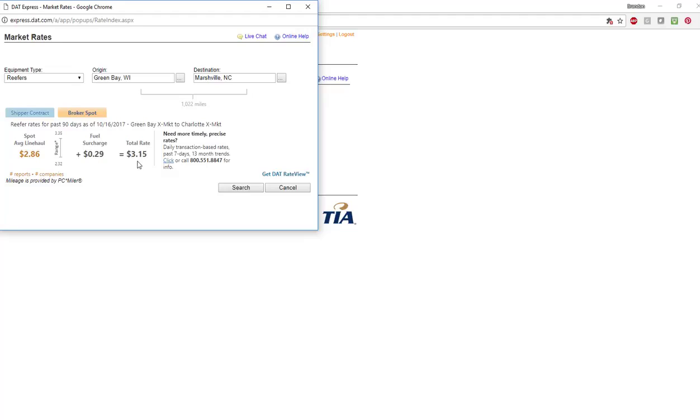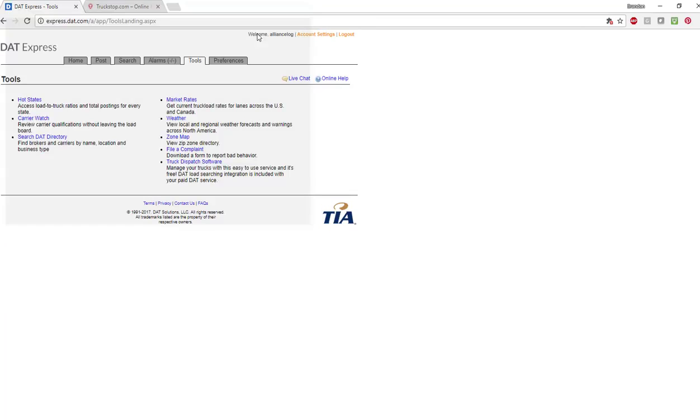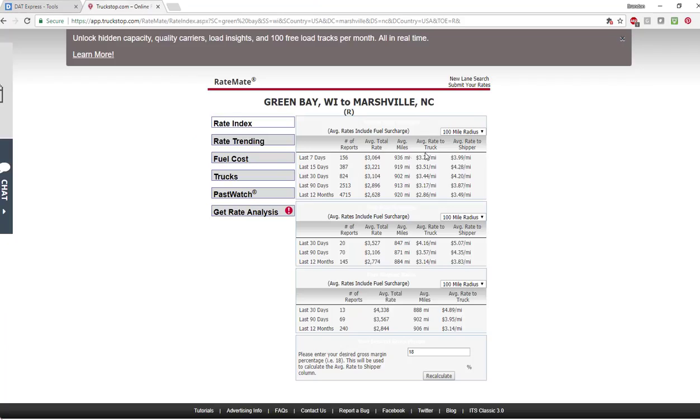So the total rate in this particular lane is going to be $3.15 according to DAT. Okay, so now we have something to work with. We have something to contrast. We got $3.15 per mile at 1,000 miles in DAT, and we have $3.99 a mile to the shipper.